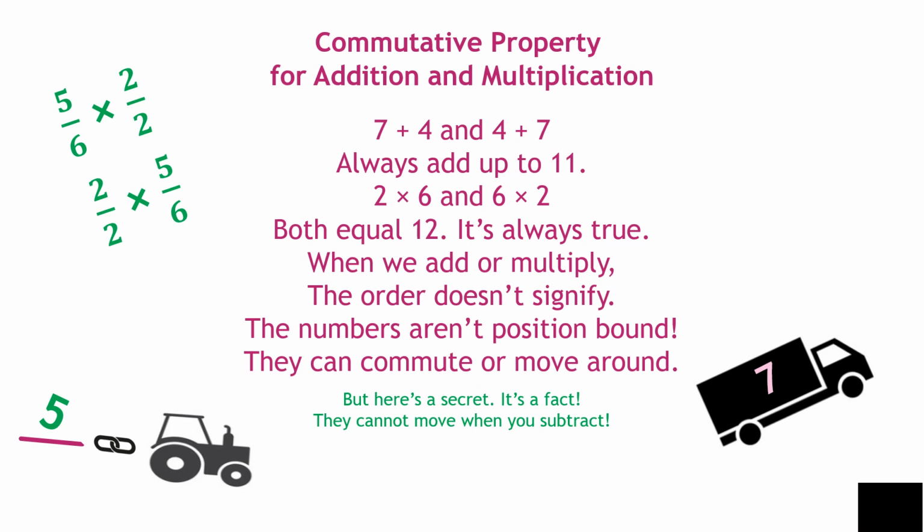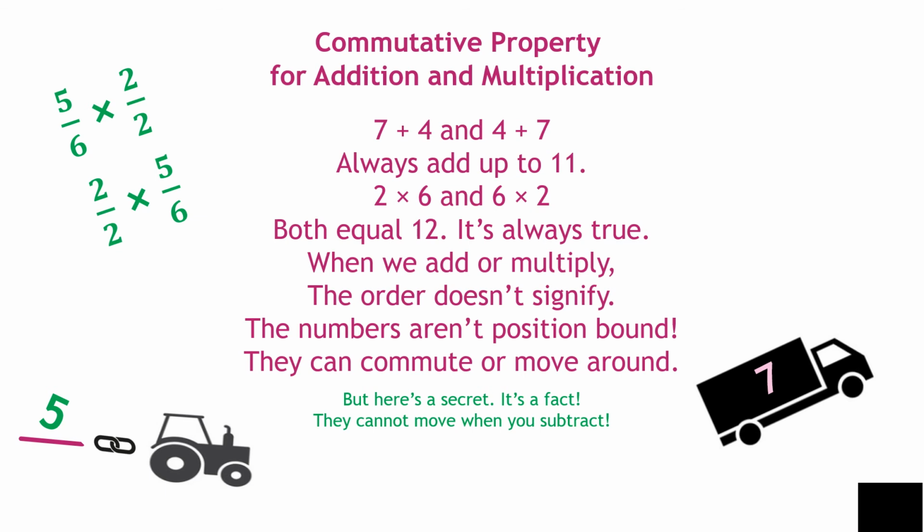It's so important that I once wrote a poem about it. 7 plus 4 and 4 plus 7 always add up to 11. 2 times 6 and 6 times 2 both equal 12. It's always true. When we add or multiply, the order doesn't signify.